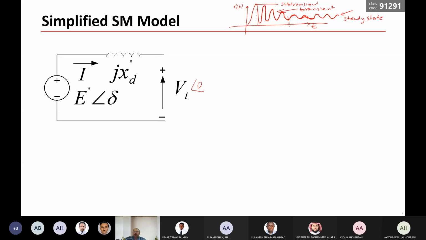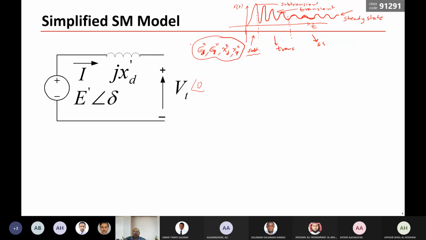If you have a disturbance, you can divide the period after the disturbance into three sub-periods. This is the subtransient period, this is the transient period, and this is the steady state period. The machine in the subtransient period is represented by the subtransient impedance: you have XD double prime, XQ double prime, E double prime, ED double prime. So double prime means the subtransient period.